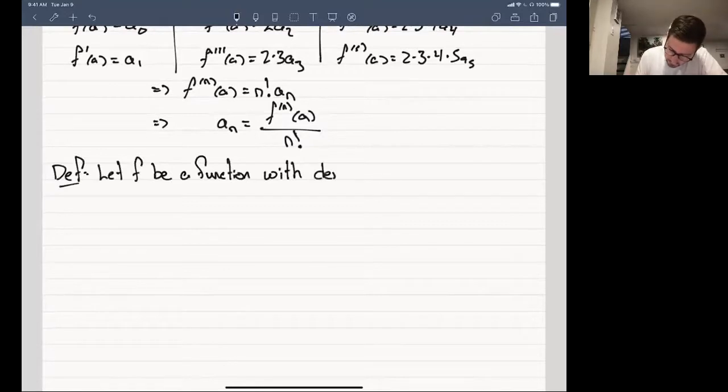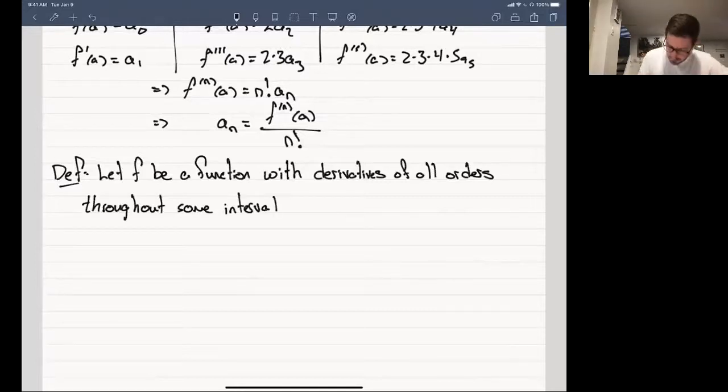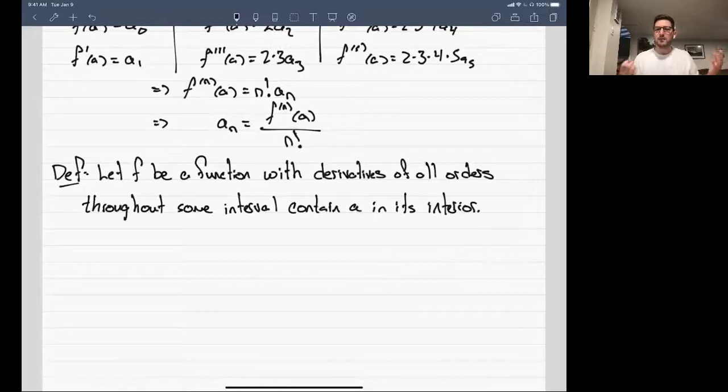So you can take derivatives along some interval, and in the interior of that, you have your point A that you're going to center this around.